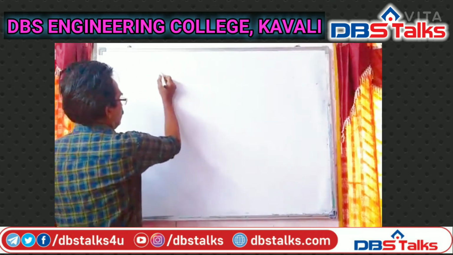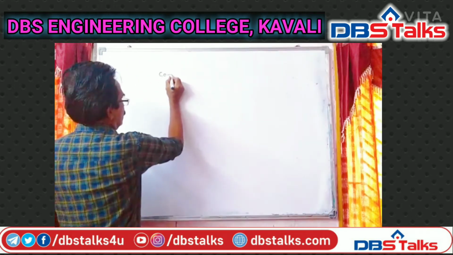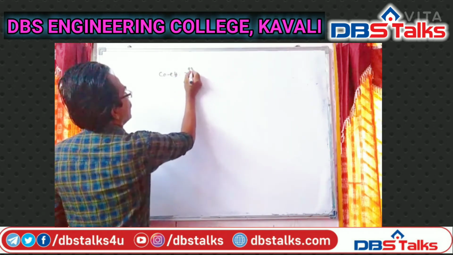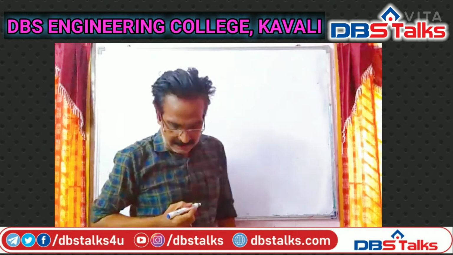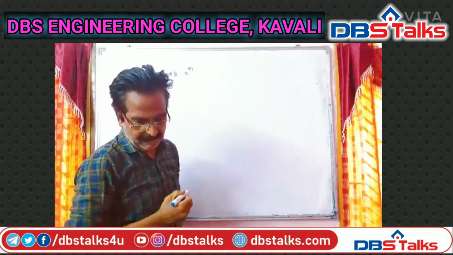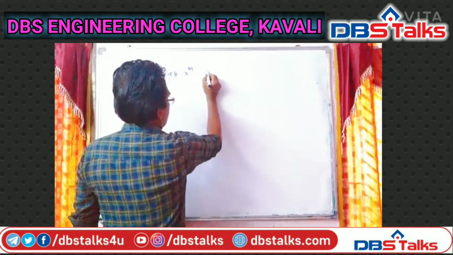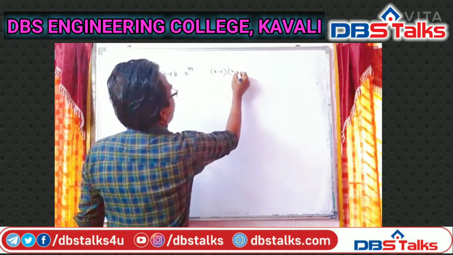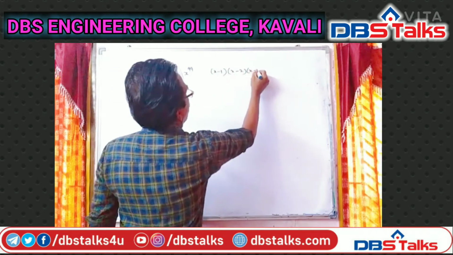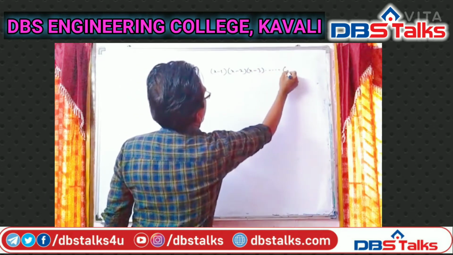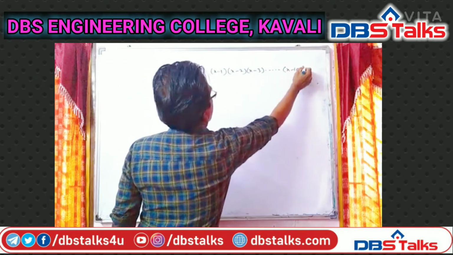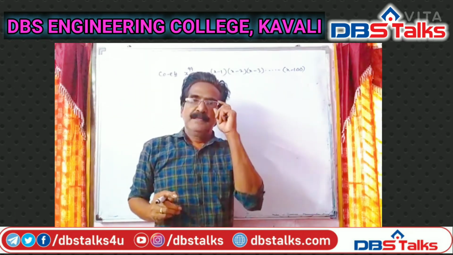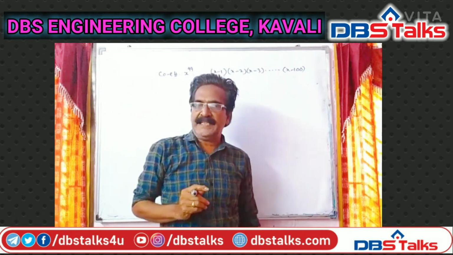The coefficient of x power 99 in the product x minus 1 into x minus 2 into x minus 3 and so on up to x minus 100. The coefficient of x power 99.